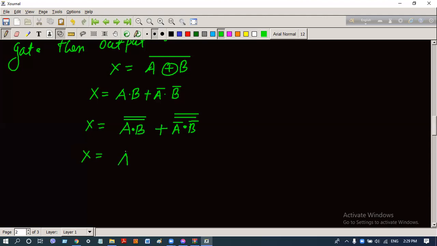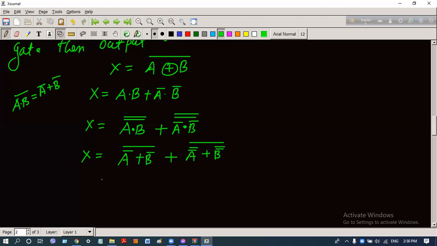So now A dot B whole complement is equal to A complement plus B complement, because in accordance to De Morgan's second theorem, A dot B whole complement is equal to A complement plus B complement. So another complement, A double complement plus B double complement whole complement.